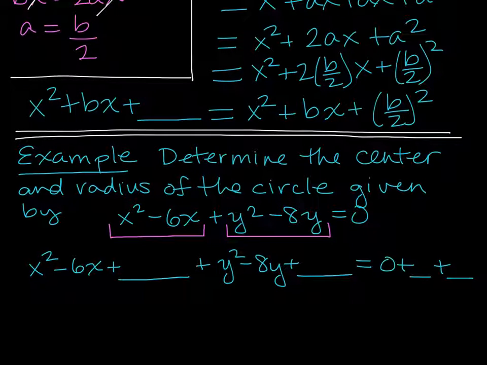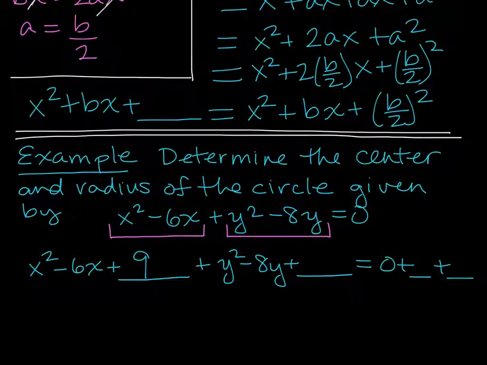So now, according to our work from above, what do we need to add? Well, we need to take 1/2 of this linear term and square it. So 1/2 of -6 is -3, and -3 squared is +9.